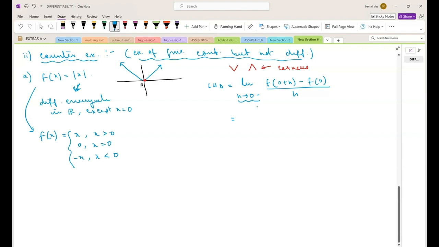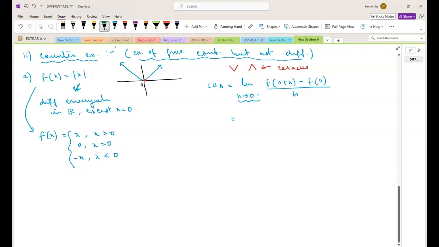Now h is approaching 0 from the left. This is very important. Please try and understand this very carefully. When I say that h is approaching 0 from the left, that means h is a number which is very close to 0 but is on the left side of 0.